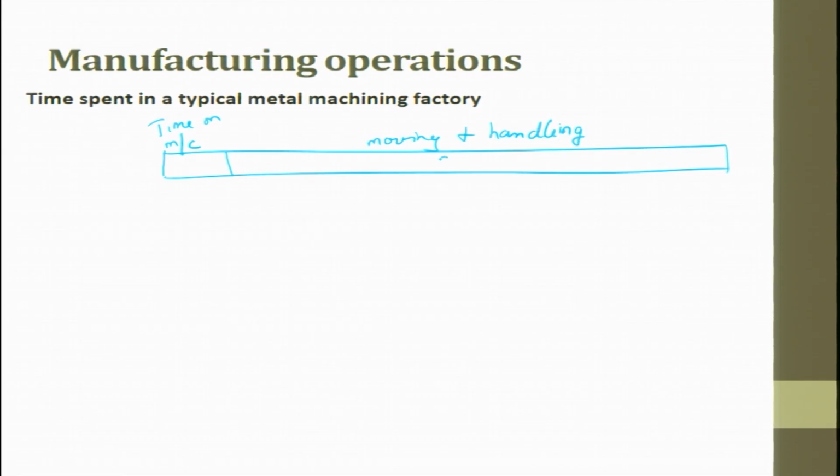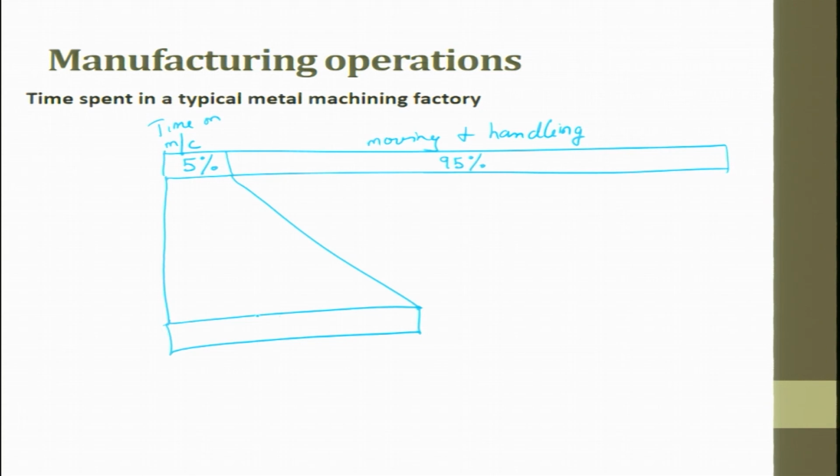So, what is this? This is around 95%, and 5% is used for machining. Now, interestingly, I will divide that 5% also like this. I make it 30% and 70%.